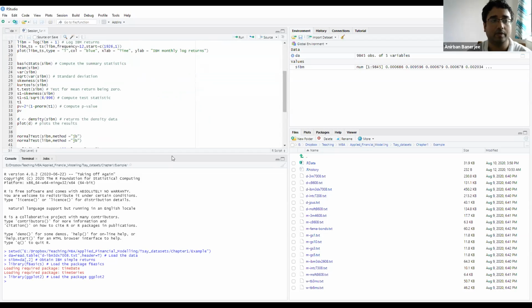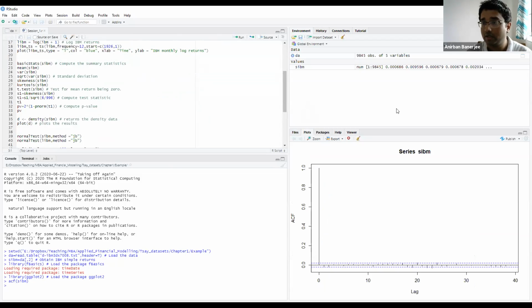Now, what I did last time was ACF of SIBM, right? If I just hit this, you get to see the plot. What is the max order? It is 40 right now. This is pre-specified by R. If you want to tweak this, you put in lag max equals 50.